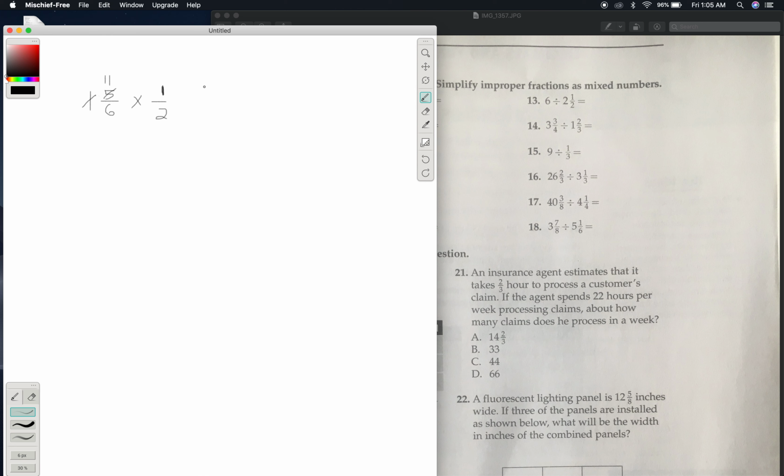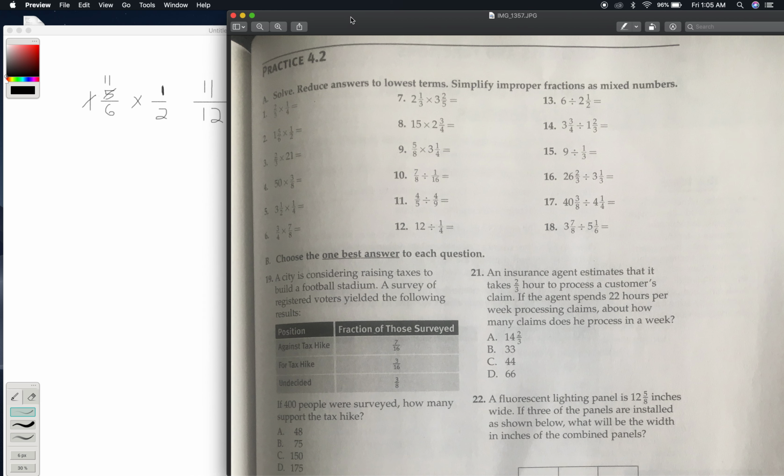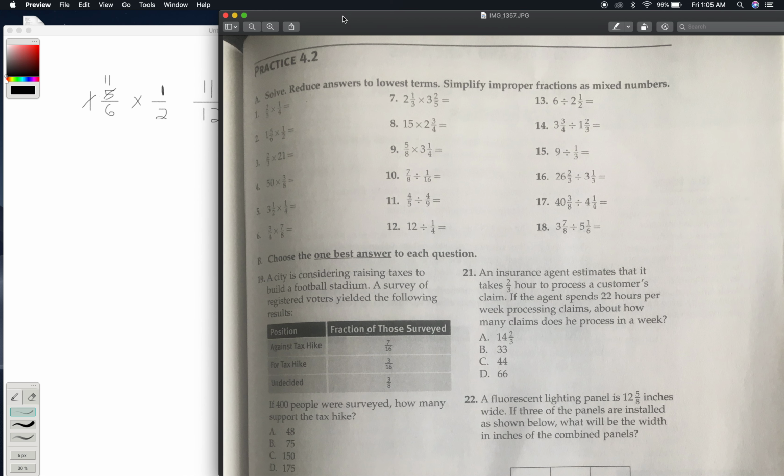So 1 times 11 is 11, and 2 times 6 is 12. Can this be reduced any further? No, because there's no number that goes into both evenly. So number 2 is 11 over 12, 11 twelfths.